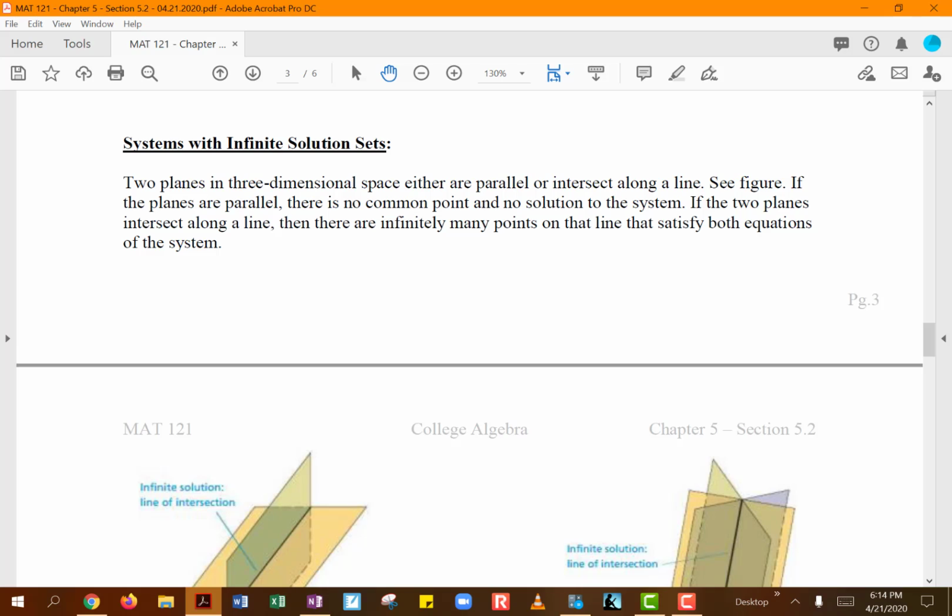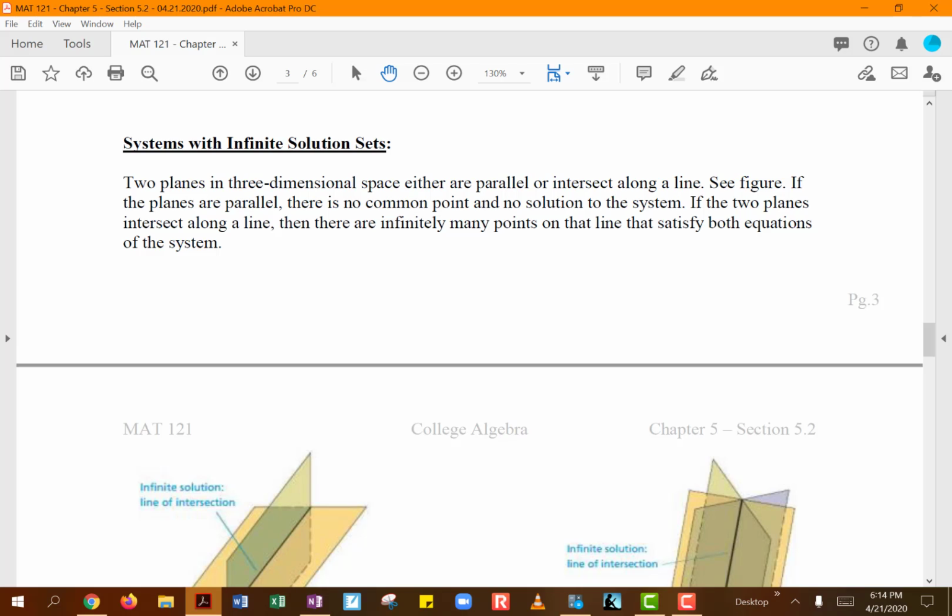Alright, now let's look at a system that has an infinite number of solutions. They are saying two planes in three-dimensional space can either be parallel or intersect along a line. Just imagine if you have two pieces of paper, they can either be parallel to each other, just like parallel lines, or they can be touching each other.